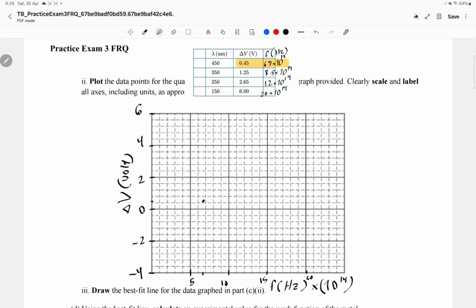Now we're going to do 1.25 with 8.5, which is here.